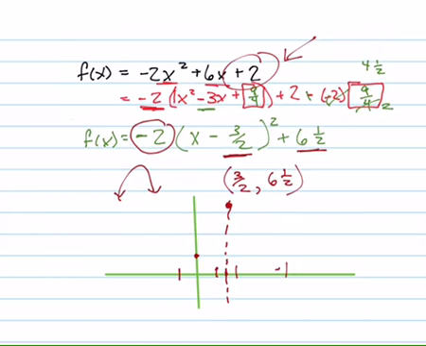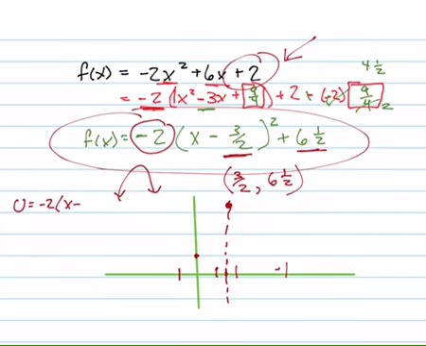To find that, take that equation that you have and set it equal to 0. So 0 equals -2 times x minus 3/2 squared plus, now is when it's good to write it as an improper fraction, so that's 13/2. The trick that I always use is I first just multiply everything by 2 to clear the fraction.